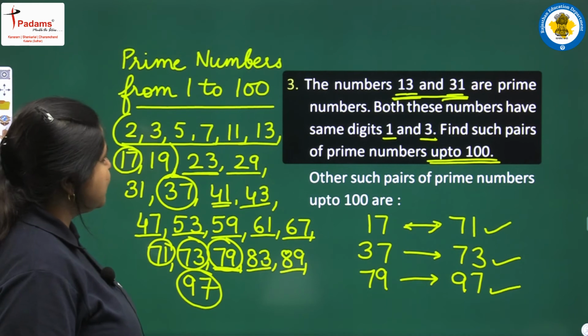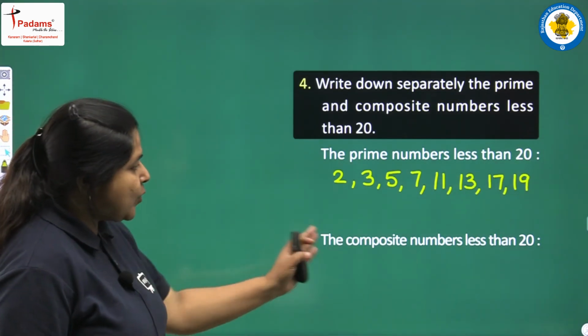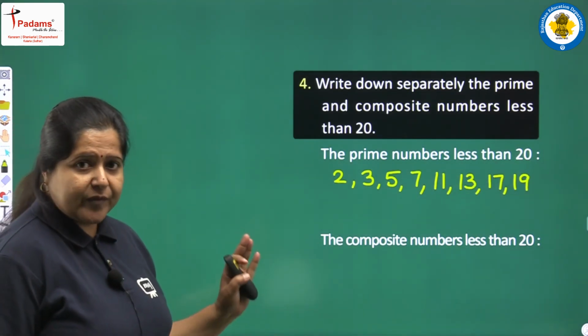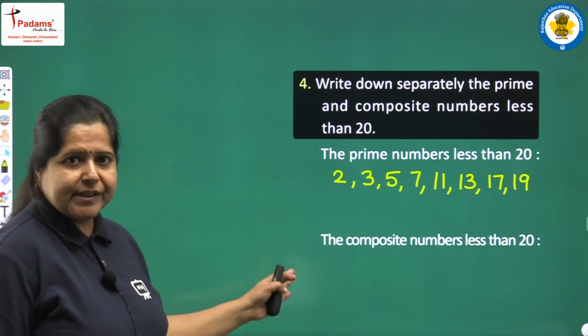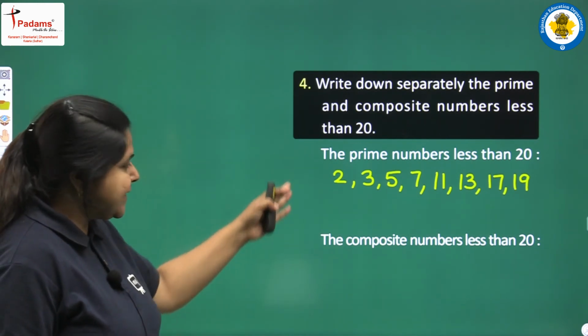Then what next we have to do? The composite numbers less than 20. Obviously 1 is neither prime nor composite, so it will not be there in any of these two lists.